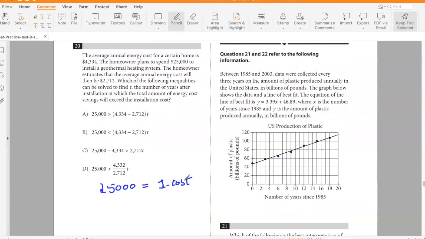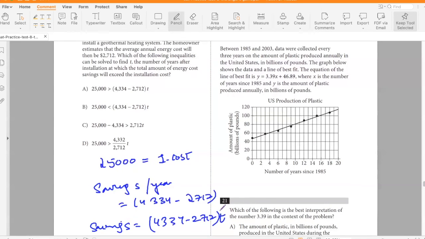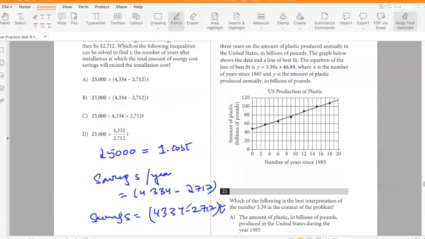And the savings per year would be 4,334 minus 2,712. So after T years, the savings would be 4,334 minus 2,712 times T. Now, when do the savings exceed? So when this number is greater than 25,000. So 25,000 is less than this number, so B.